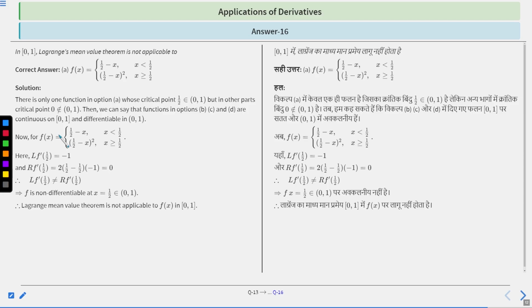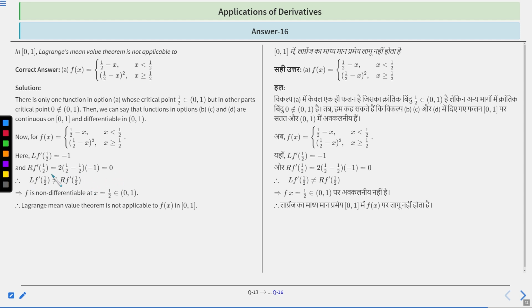Now for f(x) = 1/2 - x when x < 1/2, and (1/2 - x)² when x ≥ 1/2, let's see the left hand derivative and right hand derivative of f' at 1/2. f'(x) is -1 when x < 1/2, and 2(1/2 - x)(-1) when x ≥ 1/2. Here the left hand derivative at 1/2 is -1, and the right hand derivative at 1/2 is 2(1/2 - 1/2)(-1), which is 0.